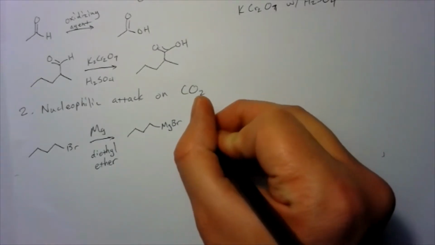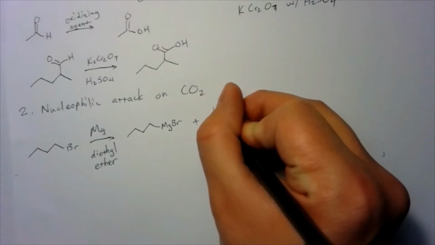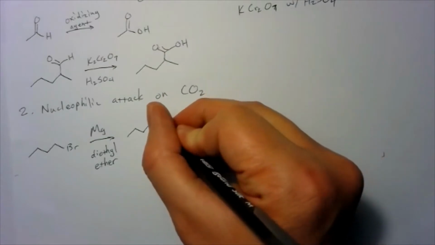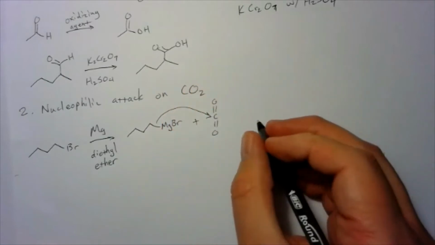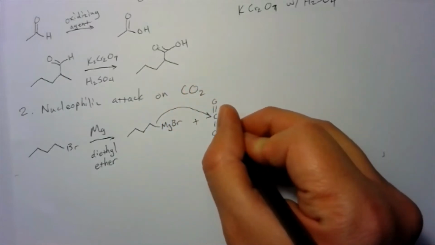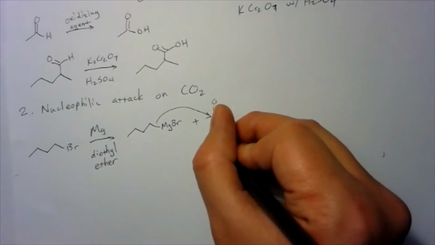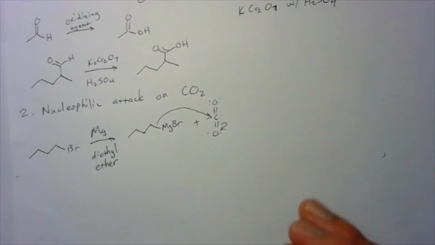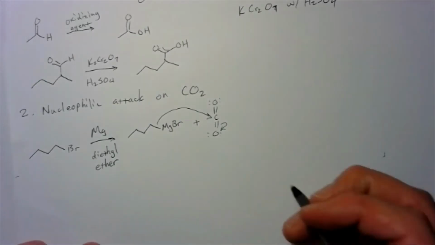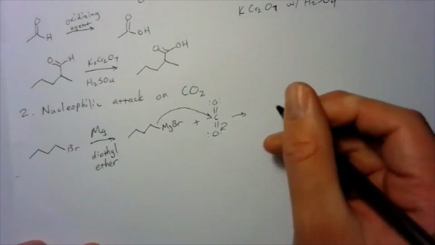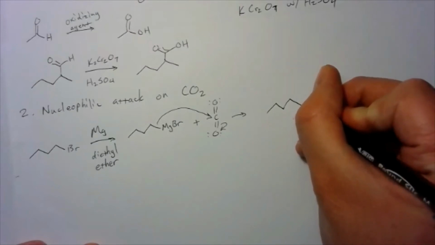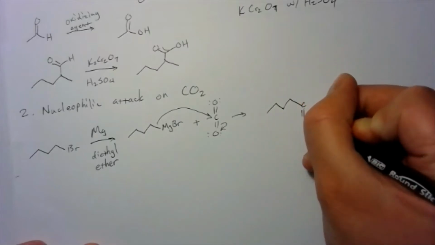Now, if we react this with carbon dioxide, our Grignard reagent will attack that carbon dioxide, that central carbon. We move our electrons out of our double bond away from that central carbon, and this will result in a new bond forming here.